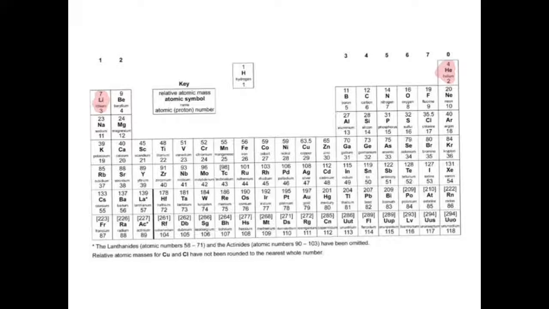What happens when you go from helium down to lithium? Well, when you go from helium down to lithium, you start a new row or a new period. And every time you start a new period, you start a new electron shell. The first shell can take 1, 2 electrons. So when you go from 2 electrons to 3 electrons, the third electron goes in a new electron shell, and circles around the outside of the nucleus.